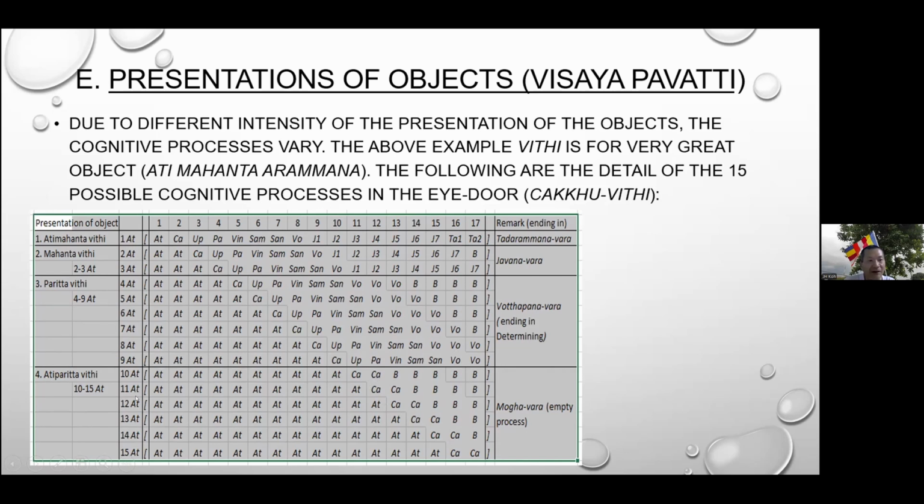And similarly, when the object is very unclear, very slight, it ends with the Chalana. That means the Bhavanga Chalana, the vibrating Bhavanga. And so it's called the empty process. So these two do not have Javana. There's no possibility of karma being generated.